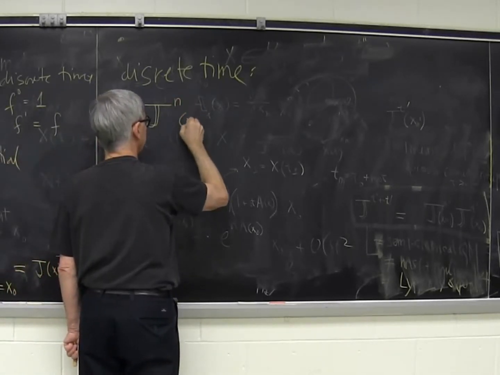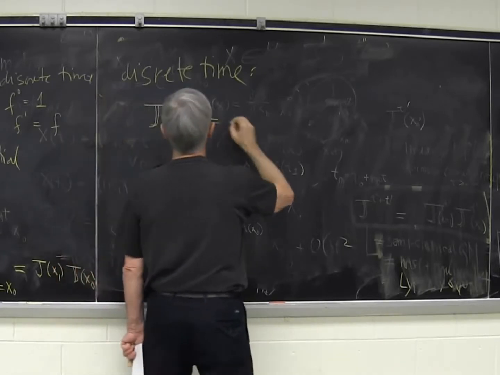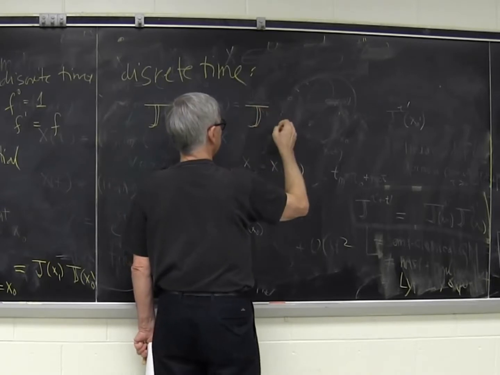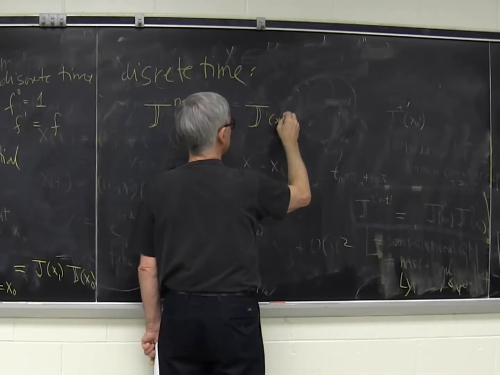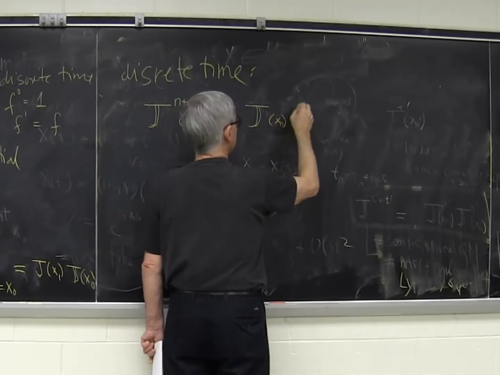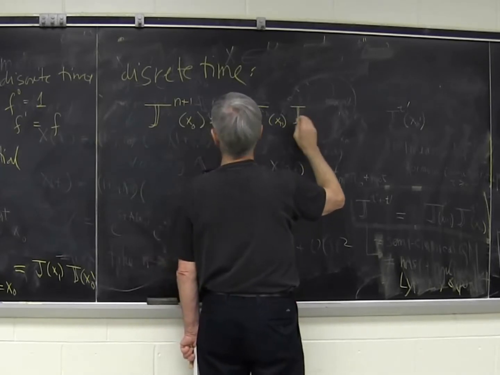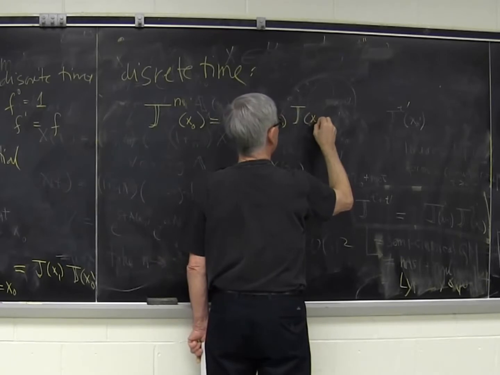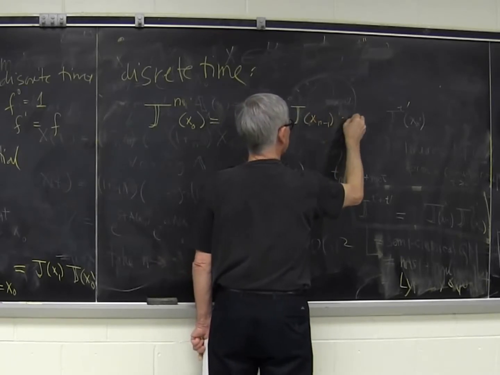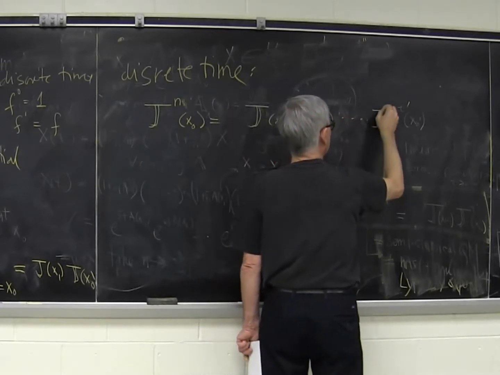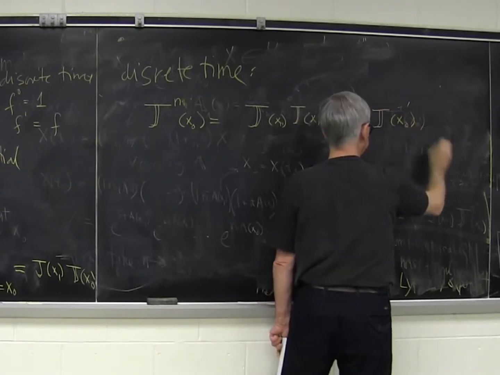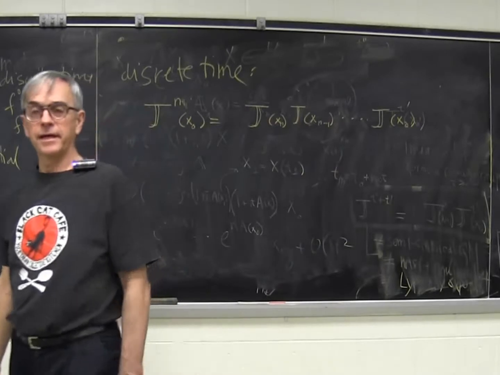J^n of x0 is J for the last step at x_n, times J at x_{n-1}, and so on, times J of x0. So did I make any errors?